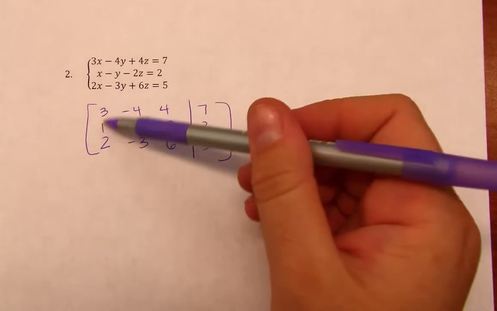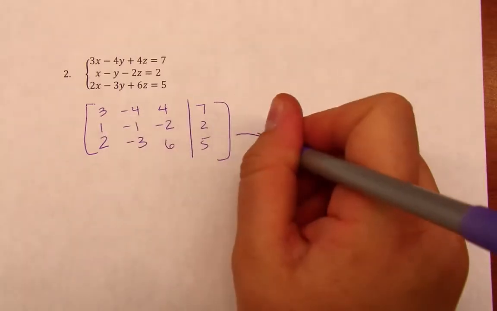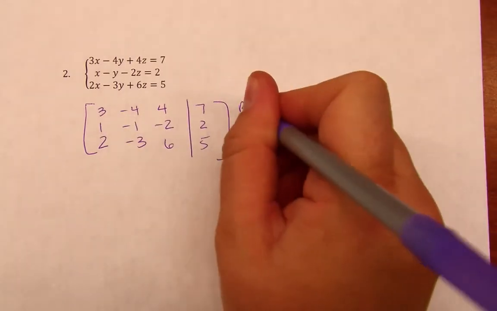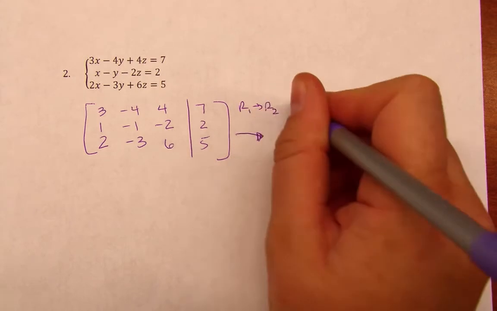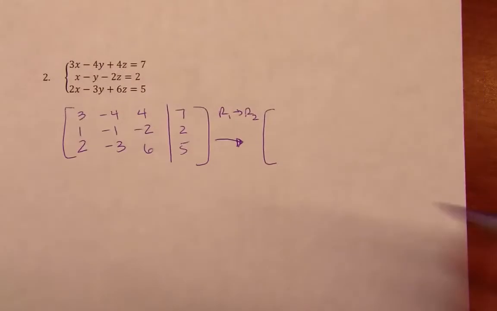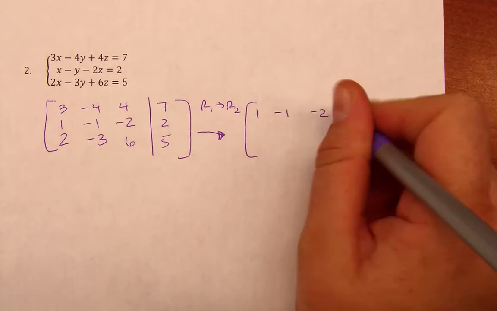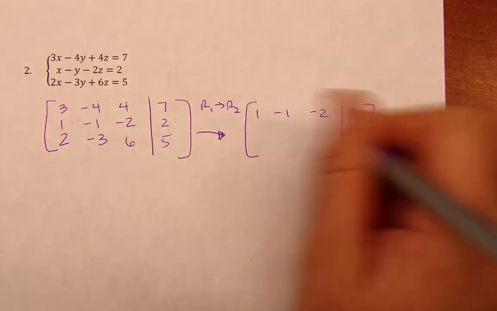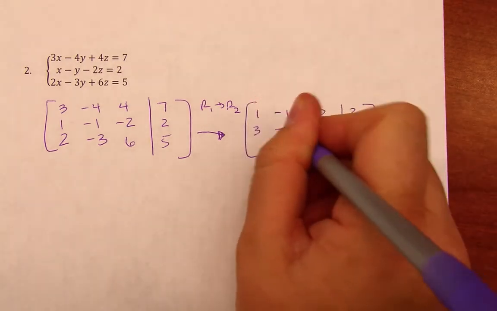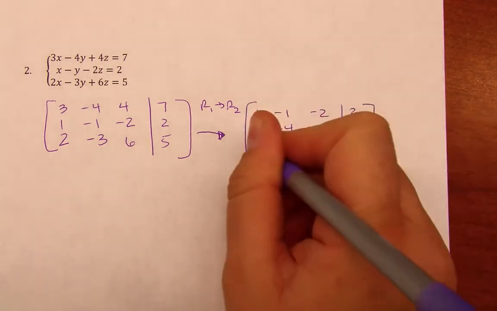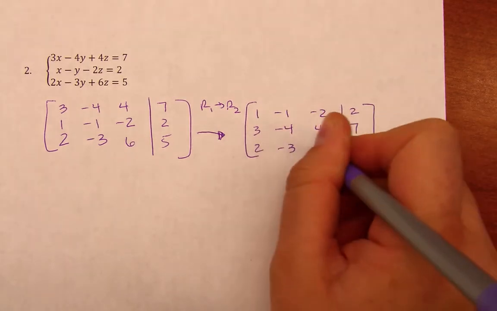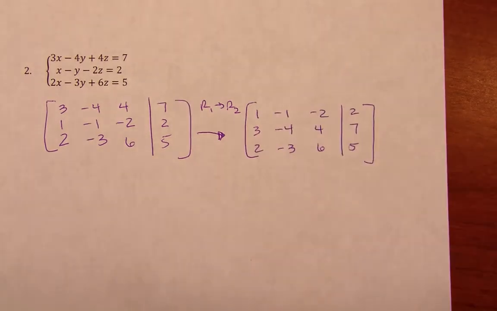First thing I'm going to do is switch rows 1 and 2 so I get the 1 in that top left corner. So they're switching places. Okay.